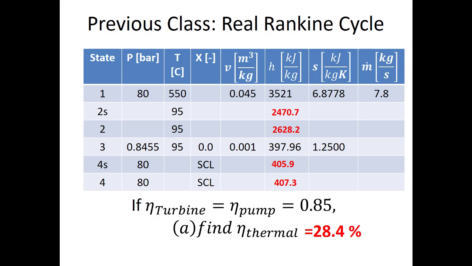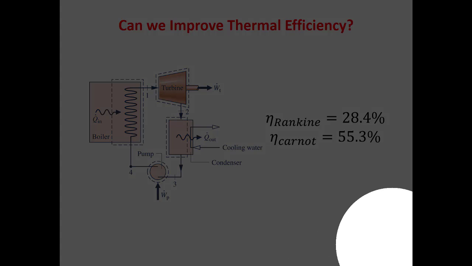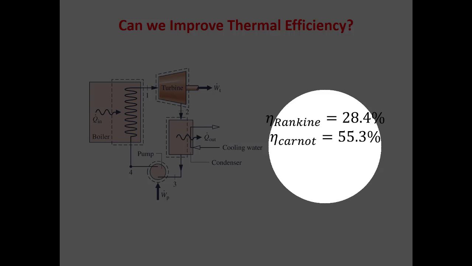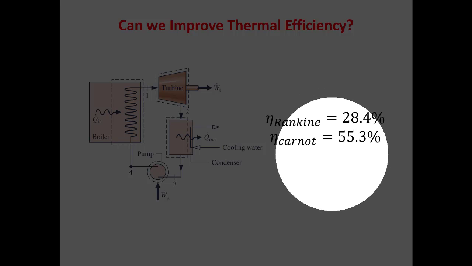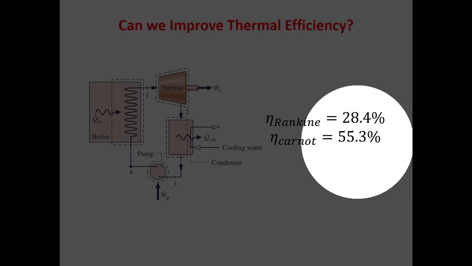So today's class is going to be about how we can improve the efficiency in these Rankine cycles, right? So as we see, the thermal efficiency for this Rankine cycle was 28.4%, but if we find the Carnot efficiency, assuming some temperatures for the hot reservoir and the cold reservoir here, the Carnot efficiency was on the order of about 55%.